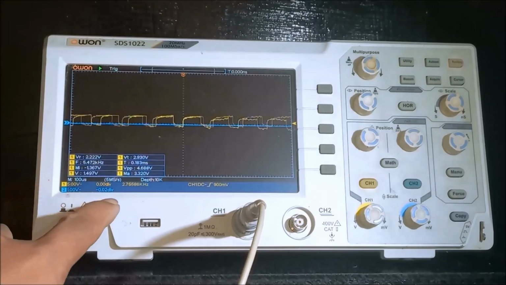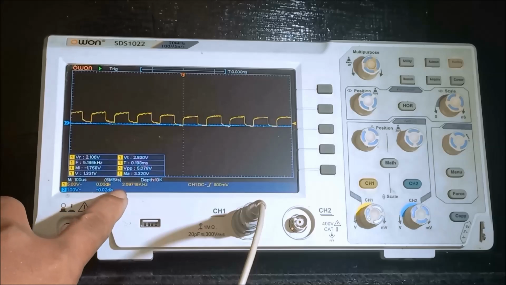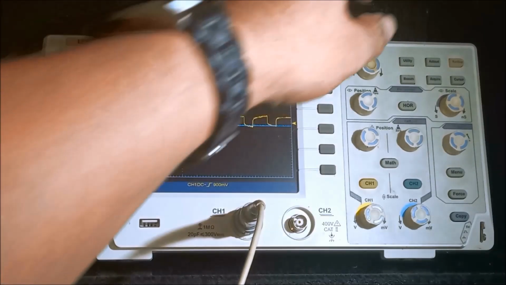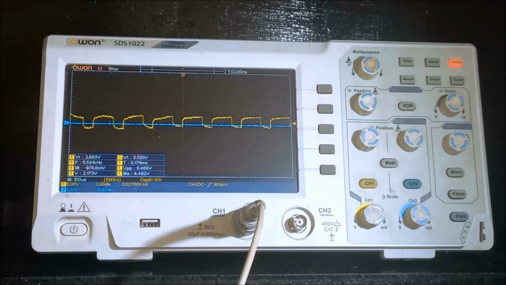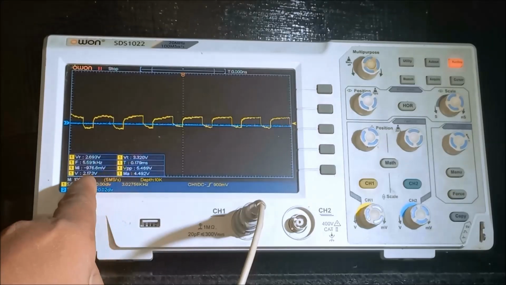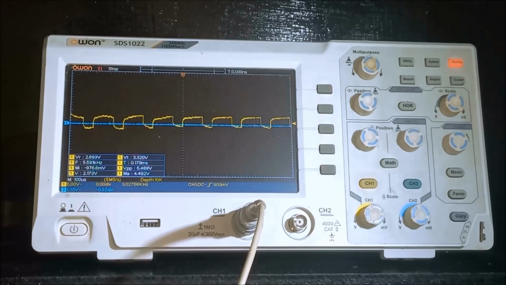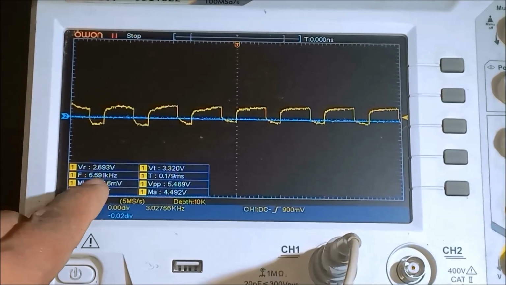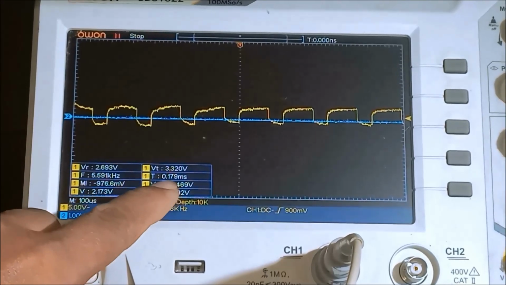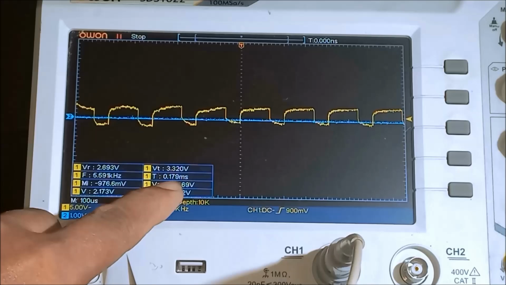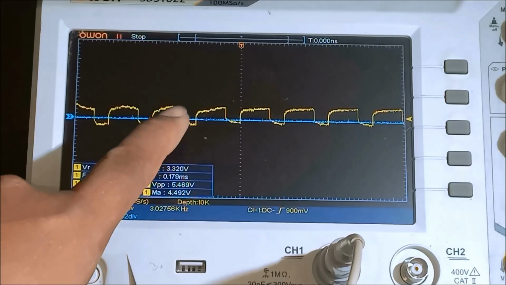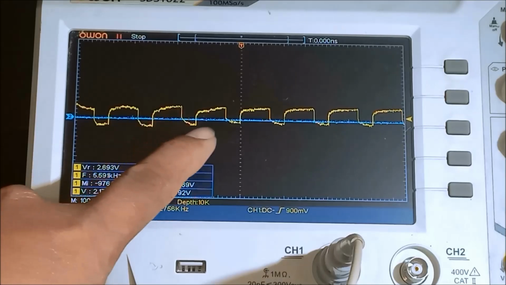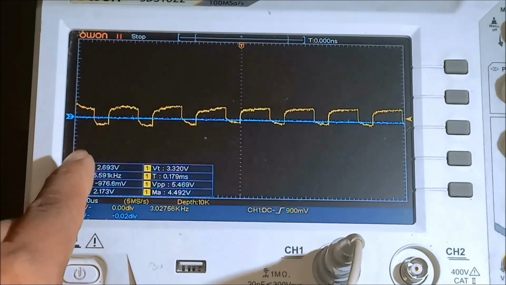And then with the frequency of, let us see, 5.59 kilohertz. Period 0.79 milliseconds. That is the waveform generated by the circuit.